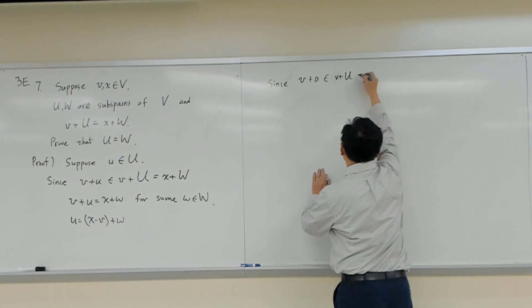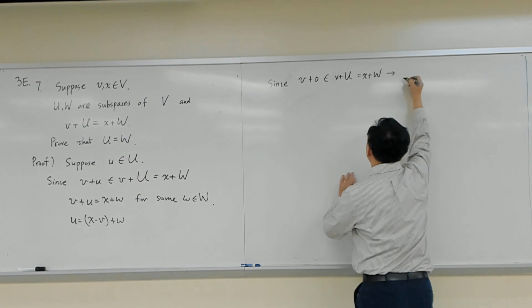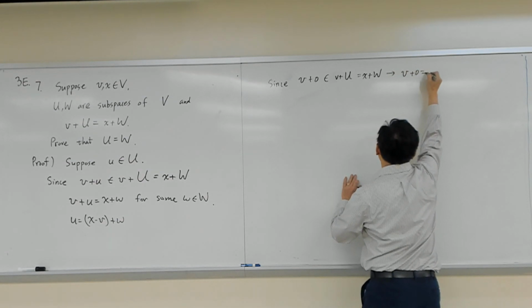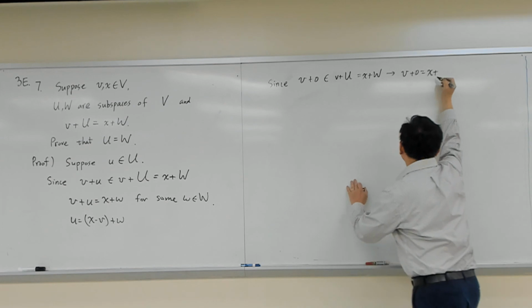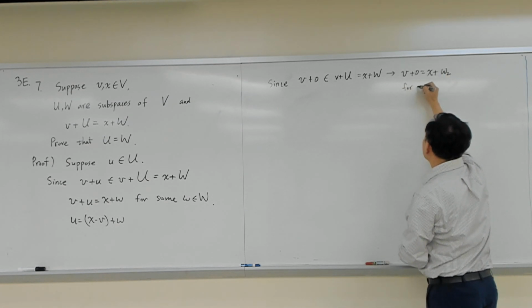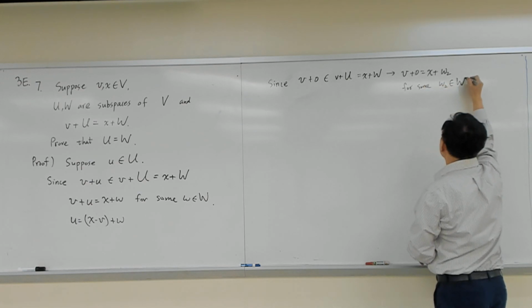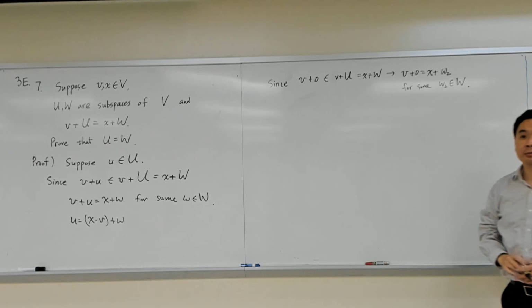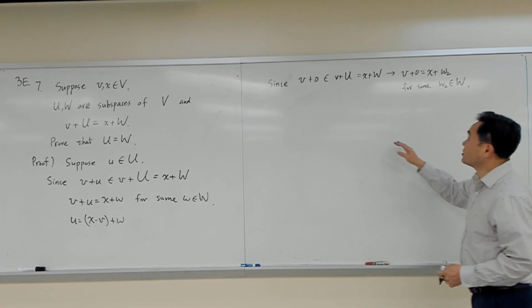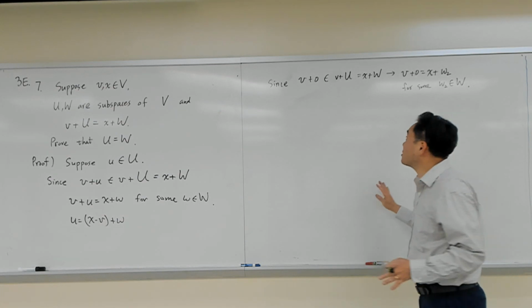And that's equal to x plus W. That means that v plus 0 is equal to x plus w2 for some w2 in W. Agreed? Yeah, we're just using definitions and nothing else.